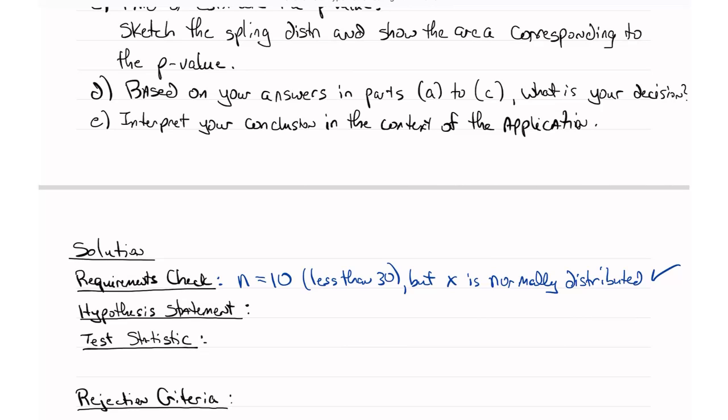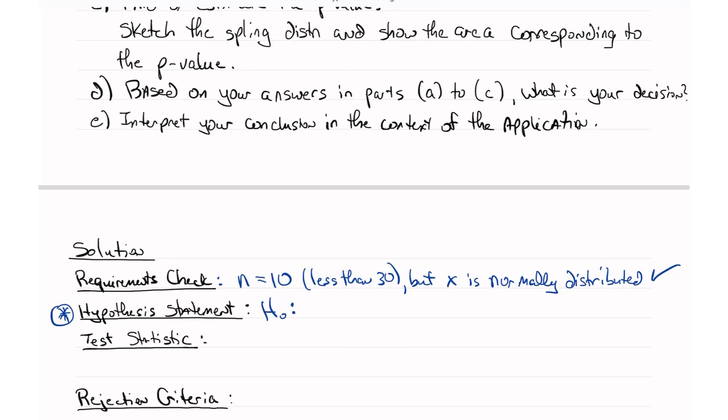Now, hypothesis statement. Even though the book didn't say this, I'm always going to require you to write the hypothesis statement. As I told you in the previous video, this is your roadmap. You need to write it down. So it has two parts. The first is the null hypothesis, H naught, or H sub 0 if you would like.